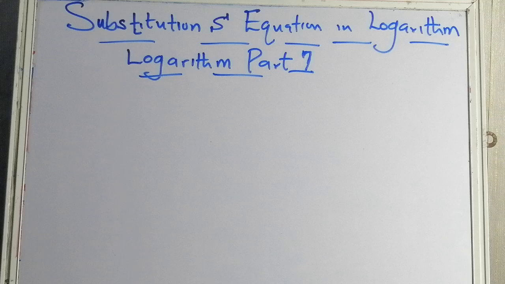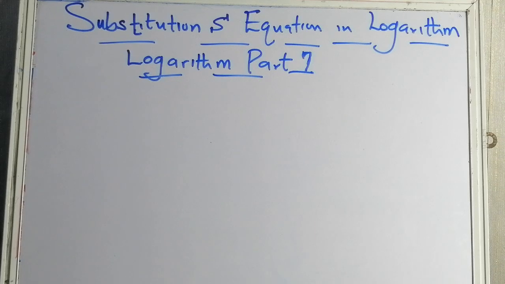They can give us something like: evaluate, if log 2 is equal to this, log 5 is equal to this, and find log 20. So that is substitution in logarithm.